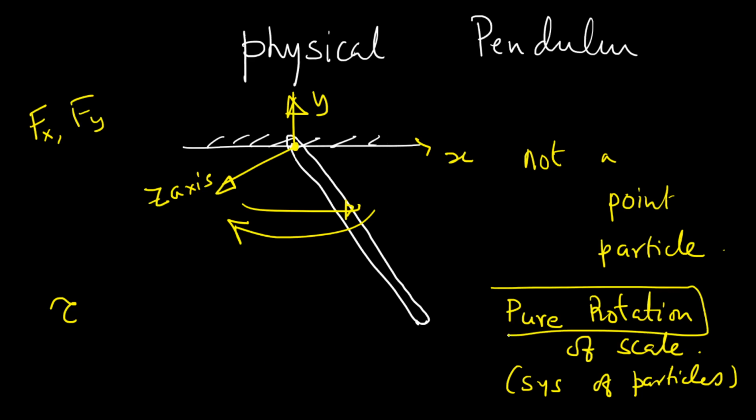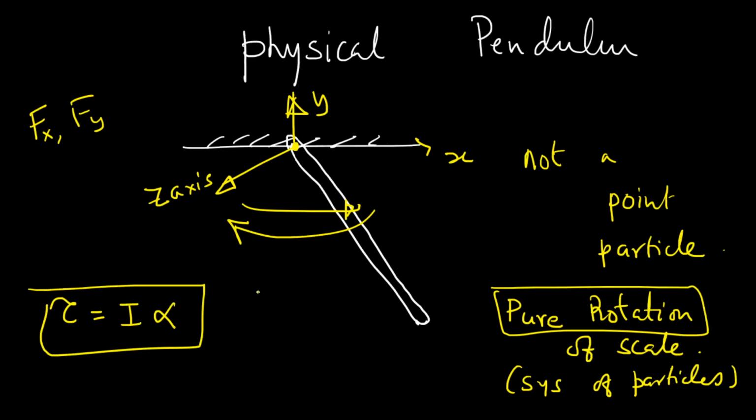That's why it's called pure rotation. And now we have the famous equation, tau is equal to I alpha, but do we know anything more about this motion?